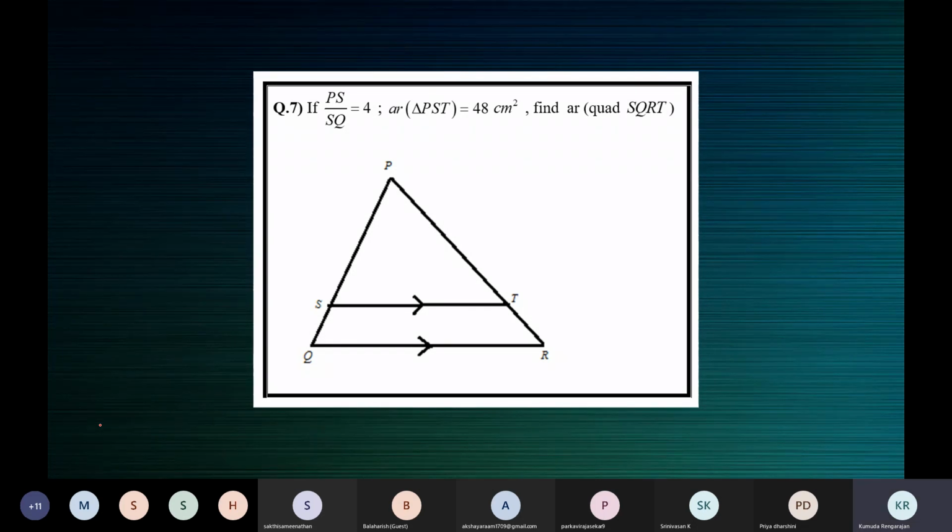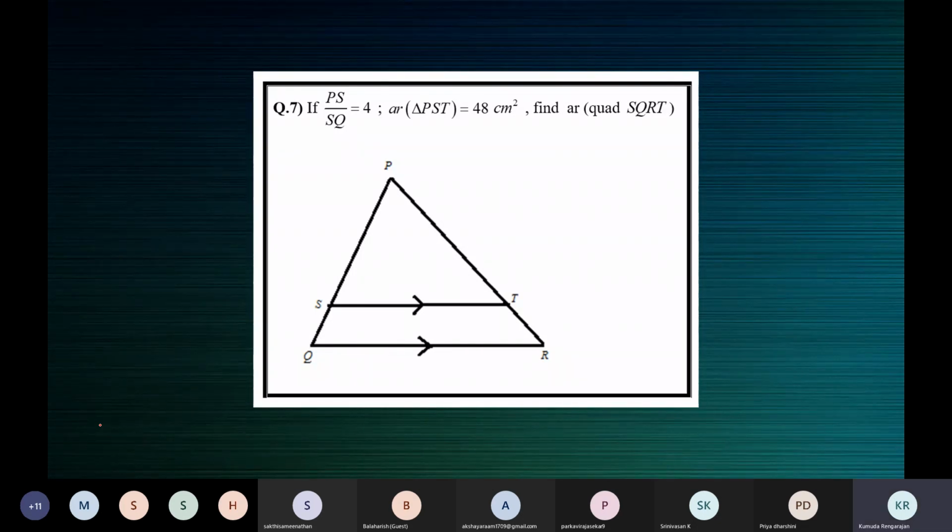We know the area of the small triangle PST. We can find the area of the big triangle PQR. PST is given, PQR can be found.